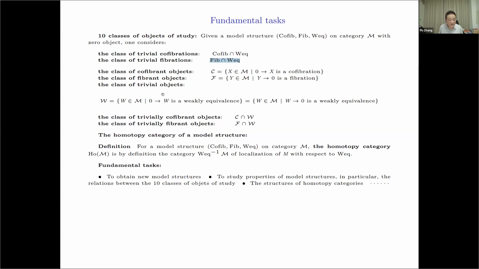And the class of trivial objects, that means all the objects W such that the zero morphism from 0 to W is a weak equivalence.